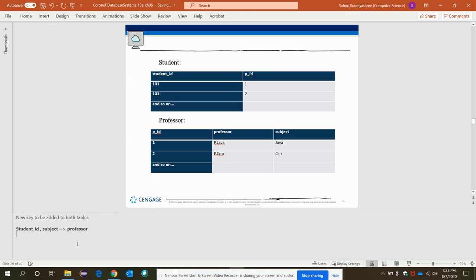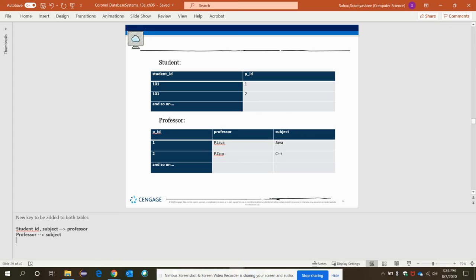This is one of our functional dependencies, and there is another one initially. As the condition denies BCNF, to make this relation satisfy BCNF we will decompose the table into two tables, the student table and the professor table.